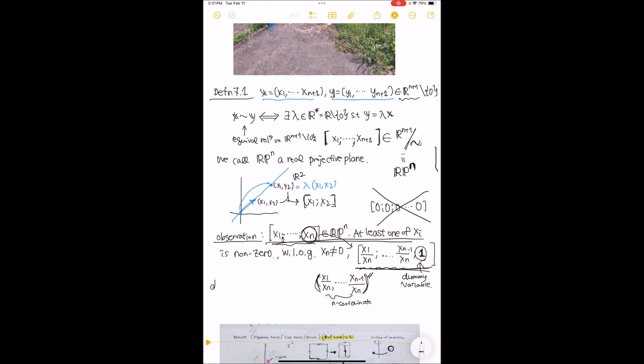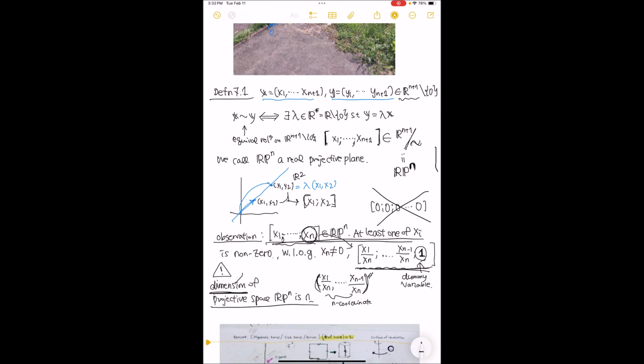So in fact, the dimension of the projective space RP^n is n. But warning: when we say this, we should think about what we mean by dimension.